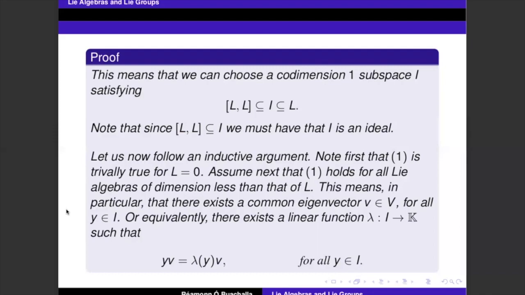Then we assume that it holds for all Lie algebras with dimension less than that of L. This means in particular that there'll be a common eigenvector v for all y in I. Because I is codimension 1, so it's strictly contained in L, it has dimension less than that of L, therefore we can apply the inductive hypothesis.